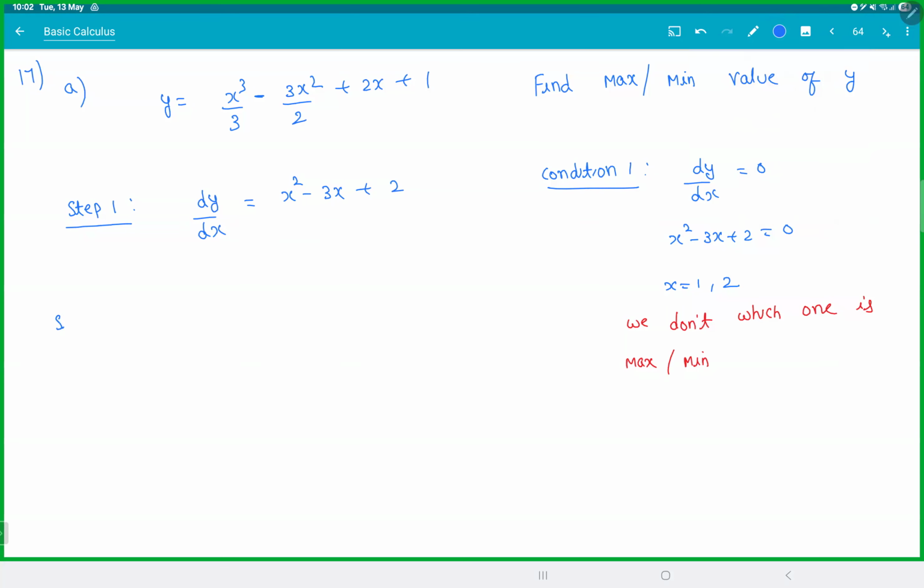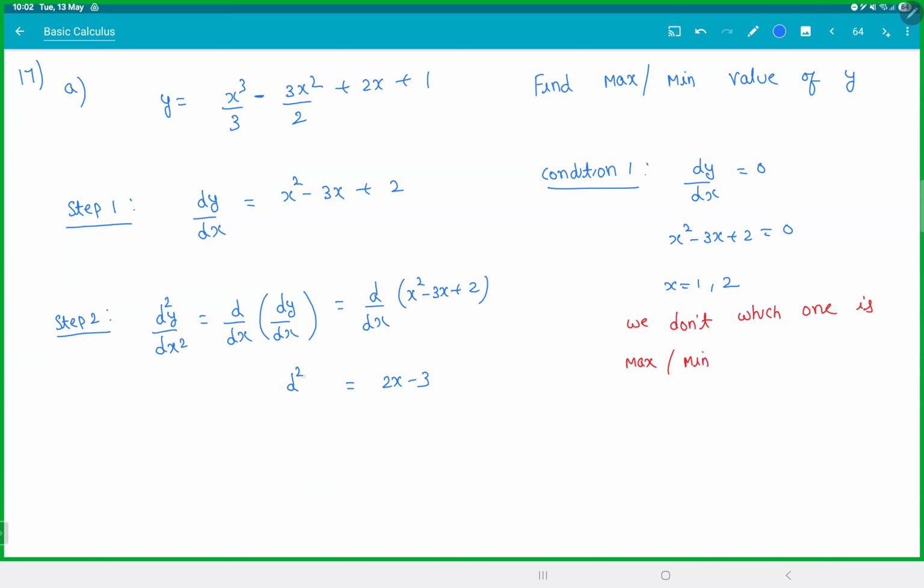Step 2: double differentiate. So d square y by dx square is nothing but d by dx of dy by dx. This is d by dx of x square minus 3x plus 2, which is 2x minus 3.